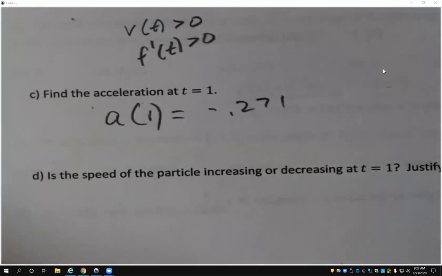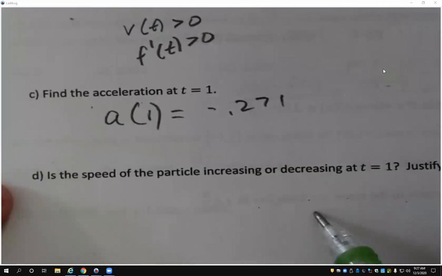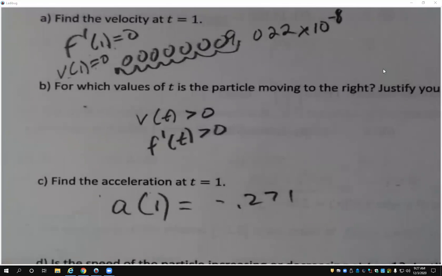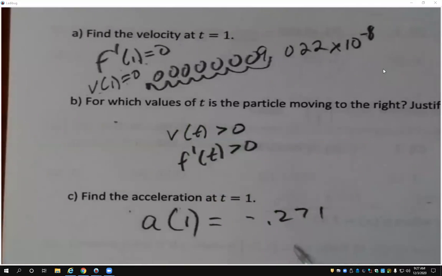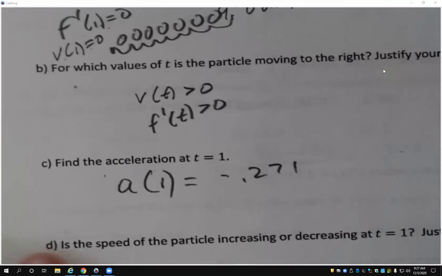There was a typo on the answer key on this last one, D. It should have said A of 1 and V of 1. And A of 1 and V of 1 are right here. V of 1 is 0 and A of 1 is negative. We don't have the same sign. Therefore, we are decreasing.